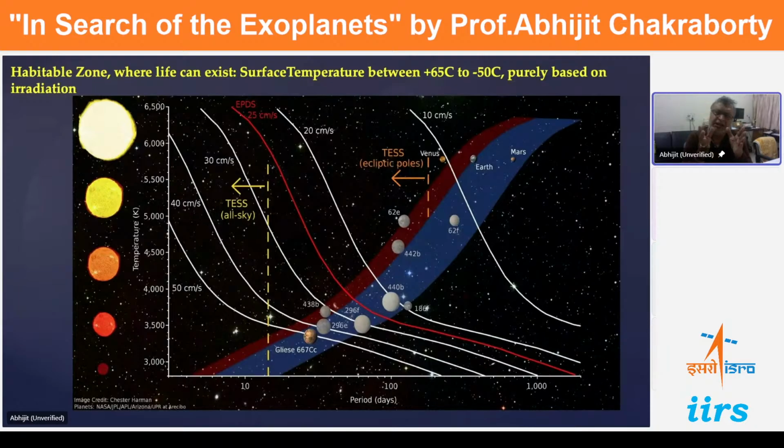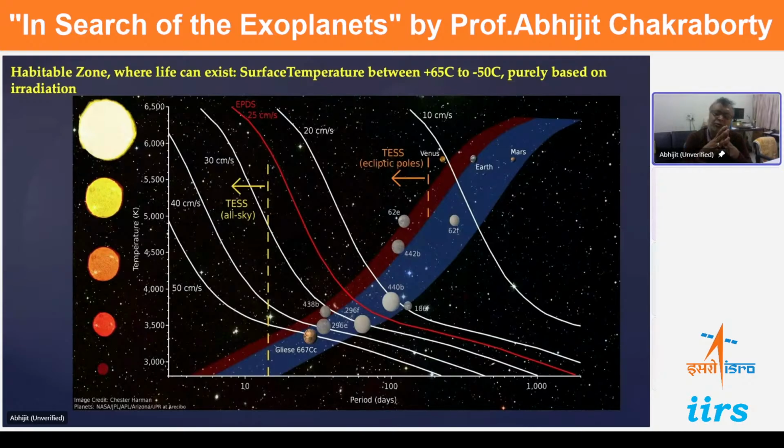So if you consider a range of plus 65 degrees Celsius to minus 50 degrees Celsius as the range where organic compounds can exist without dissociating, because if you heat organic compounds more than 70 degrees, they will start breaking down.